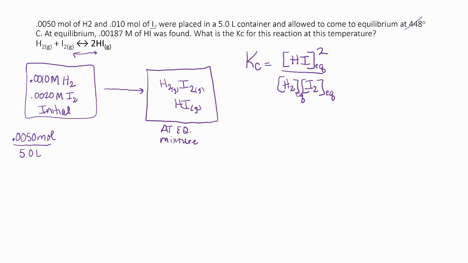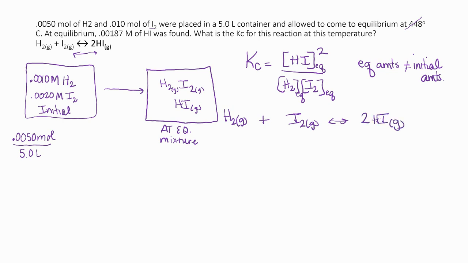Equilibrium amounts are not initial. So we have some extra work then to do here. So I'm going to write my equation, H2 gas plus I2 makes HI.